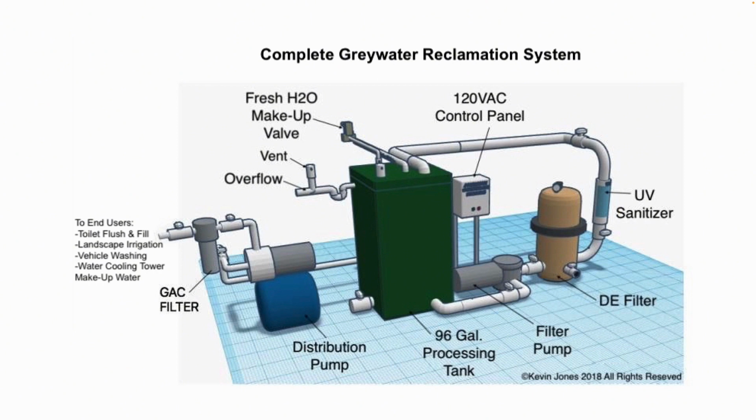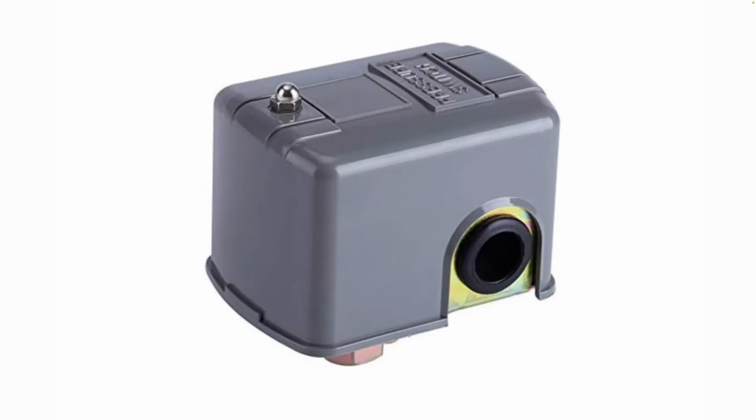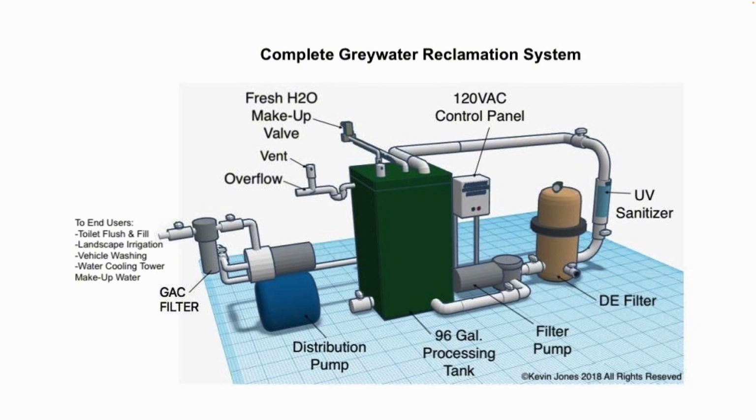And that distribution pump keeps the water supply, the gray water supply, to your toilets, for example, under a constant pressure. When you flush the toilet, the pressure switch on the distribution pump senses a drop in pressure, and it will then turn the pump on until it reaches the cutout pressure that you set it at.